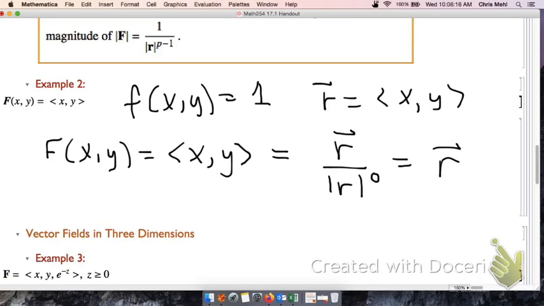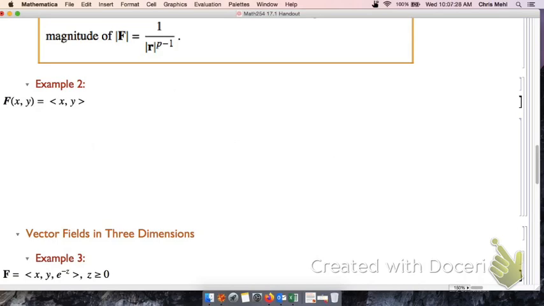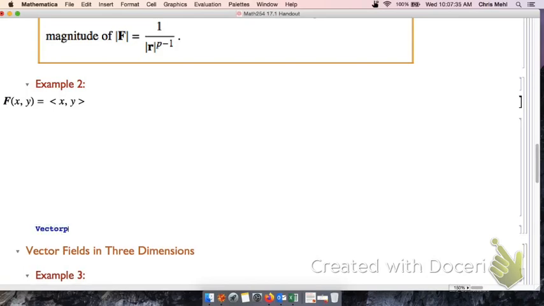And again, we could draw a bunch of representative vectors if we wanted to. I could draw a couple in there, but I'll just go ahead and use Mathematica just to see what this looks like. Actually, I don't even think I'm going to specify x and y.